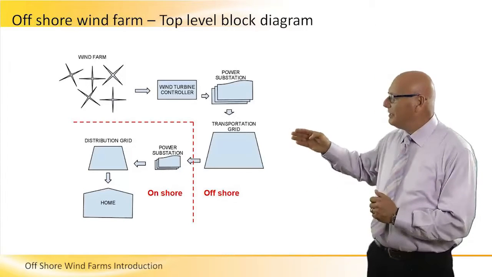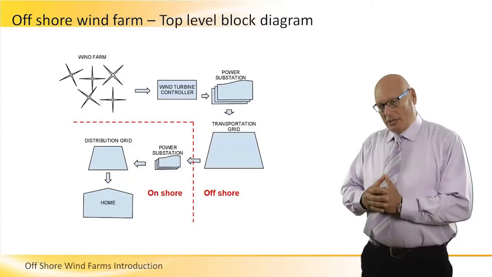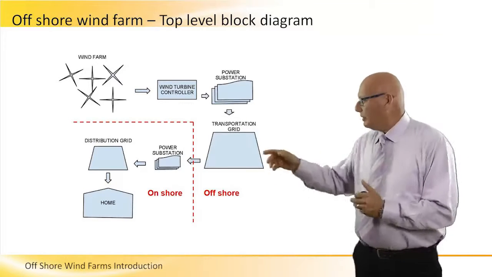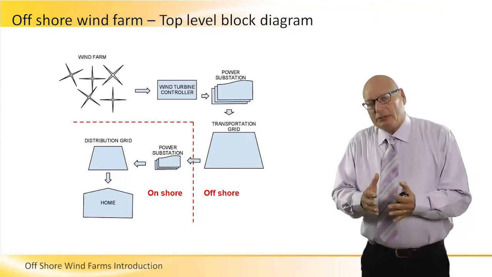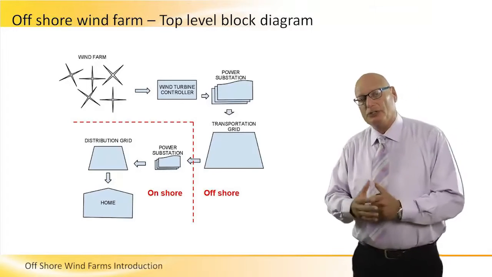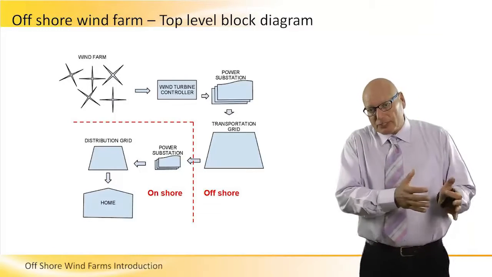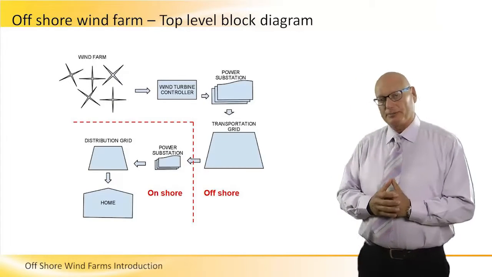And there are several stages of power substation before it goes out to the transportation grid. First, they all step up the voltage. The first is a low voltage stage, from several kilovolts up to 10, 11, 15 kilovolts.